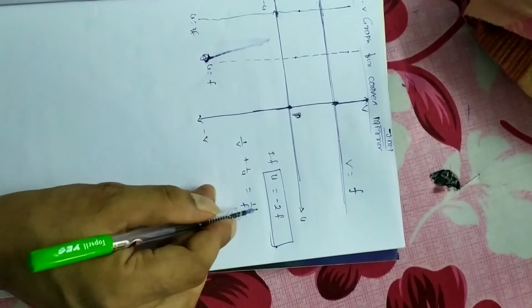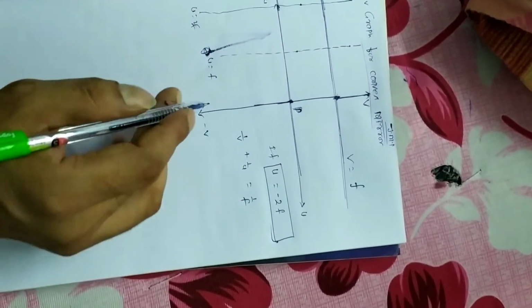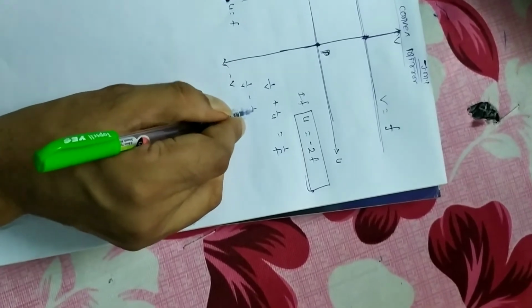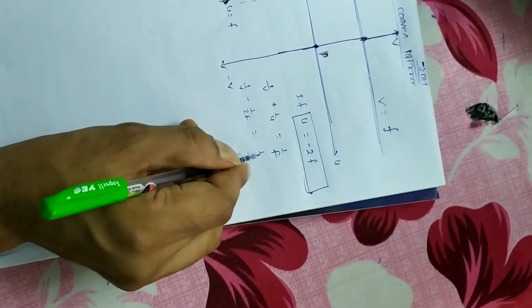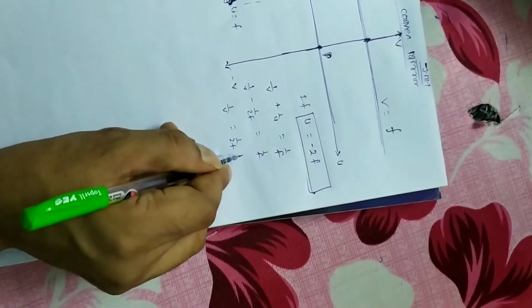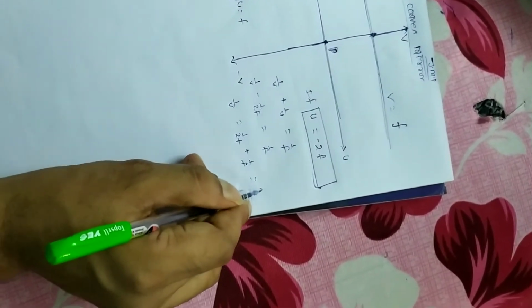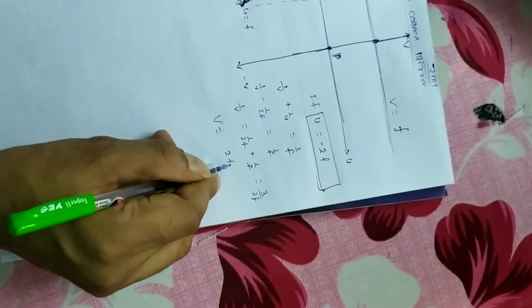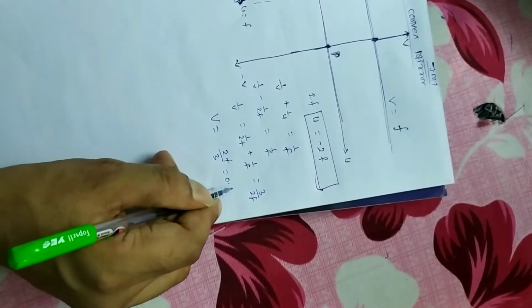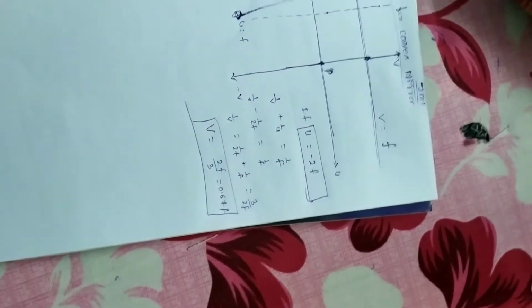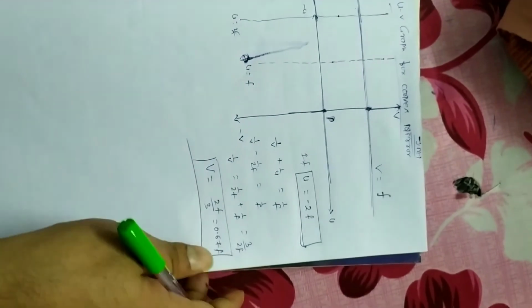I will not write minus here because it is a convex mirror, so just 1 by f. So 1 by v minus 1 by 2f is equal to 1 by f. So 1 by v is equal to 1 by 2f plus 1 by f. Solve this, it will come 3 by 2f. So v is equal to 2f by 3. It means 0.67 f. It is less than f but more than f by 2.